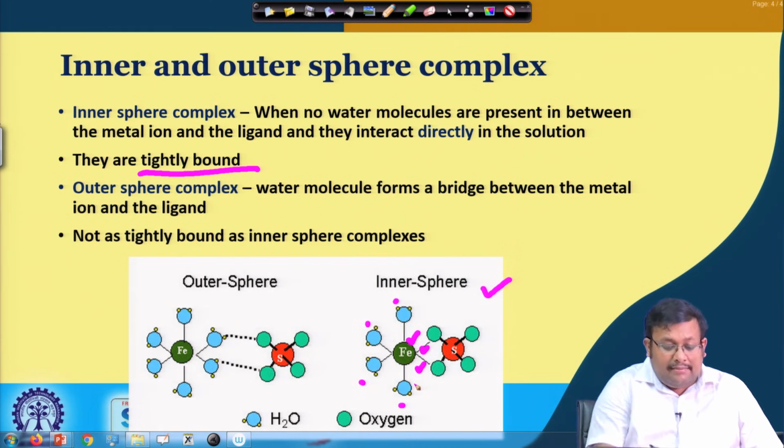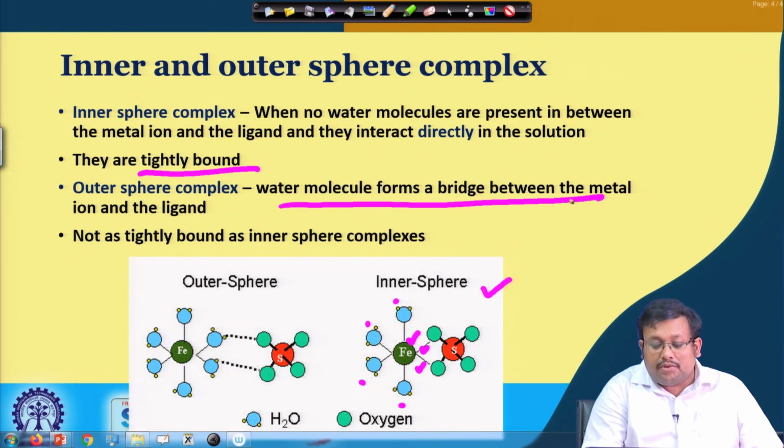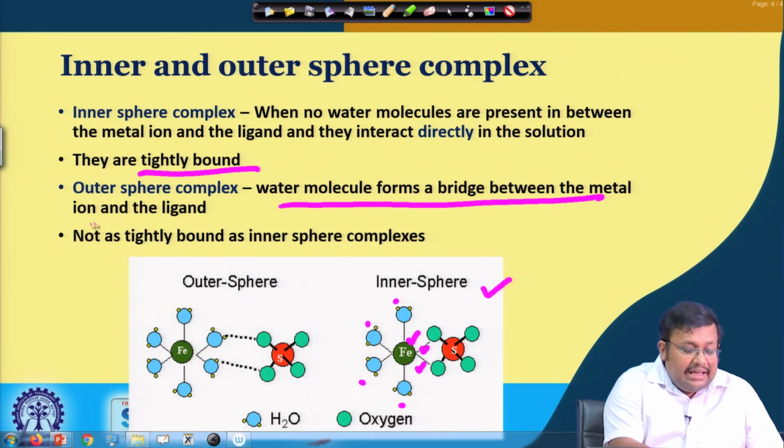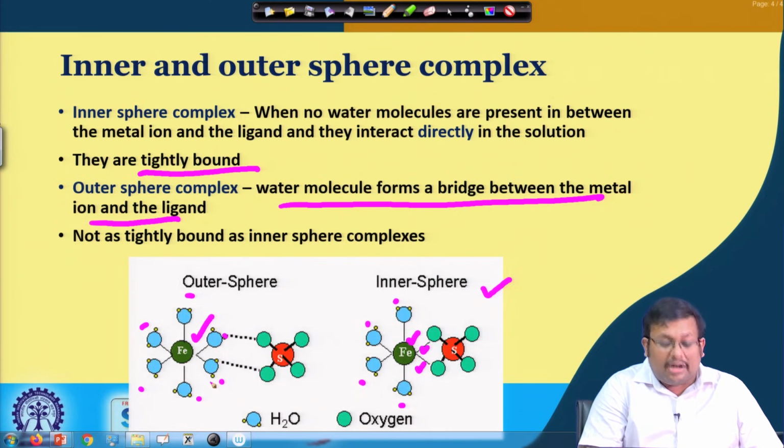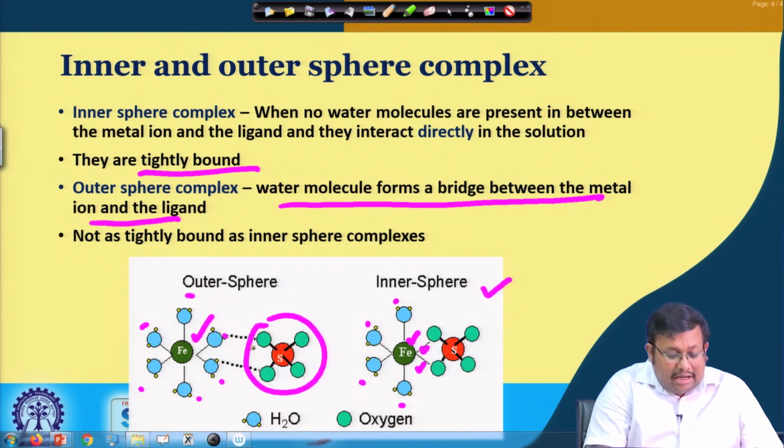Now, outer sphere complex is when water molecules form a bridge between the metal ion and the ligand. As you can see here, this is again the metal ion which is surrounded by 1, 2, 3, 4, 5, 6 water molecules, and these water molecules are basically forming hydrogen bonds with these ligands. So, due to the presence of these water molecules as a bridge between the metal ion and the ligand, they are called outer sphere complex.